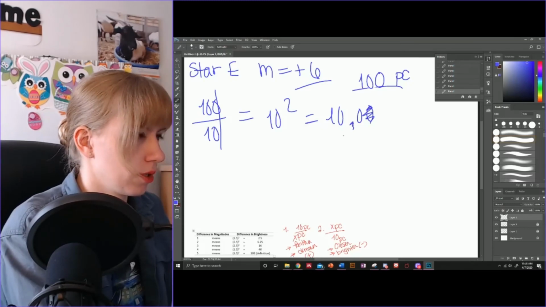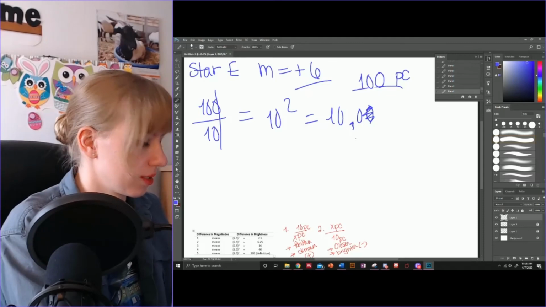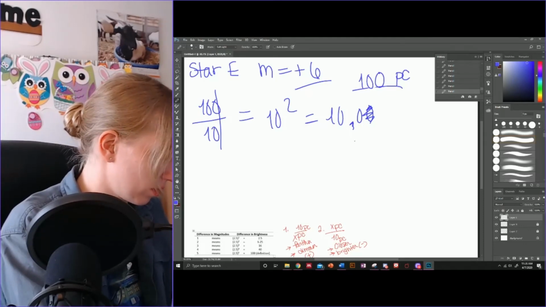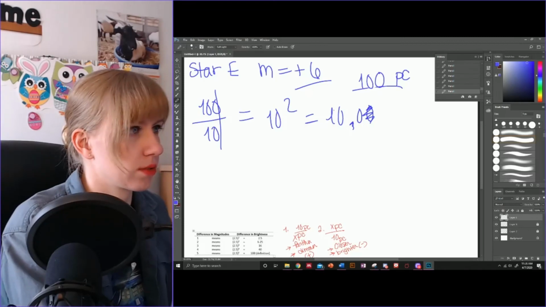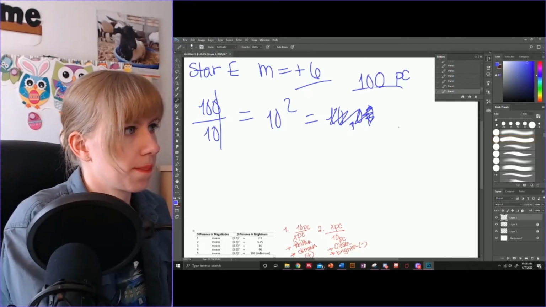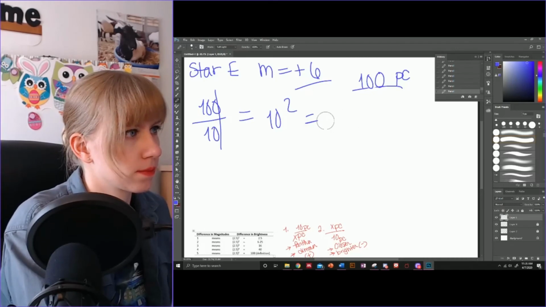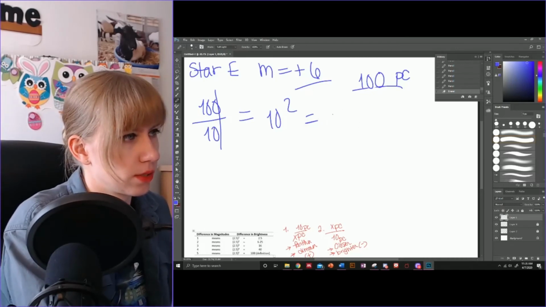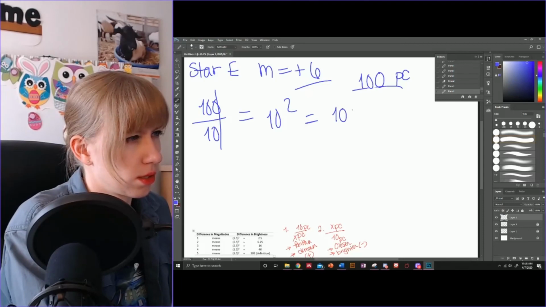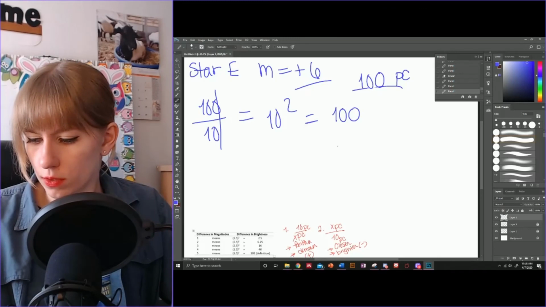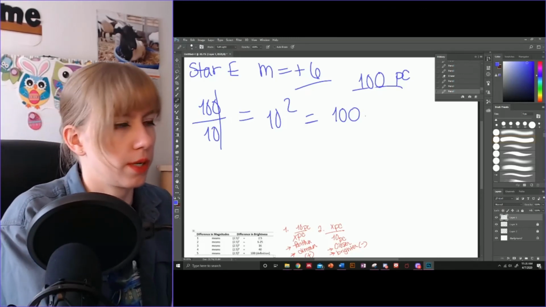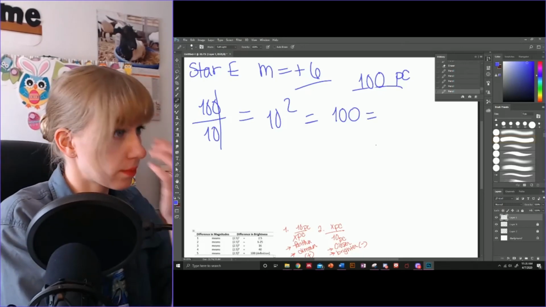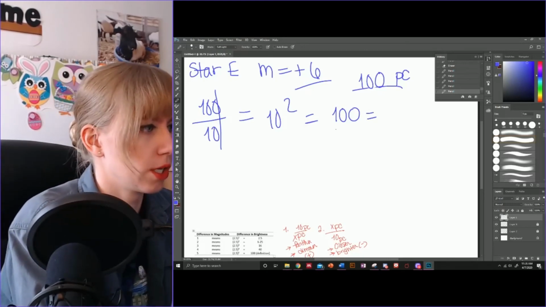Gosh. 10 squared is not 10. 10 squared is going to give us 100. Yeah, 100. Alright, my math is correct. Okay. And so that's our brightness change.